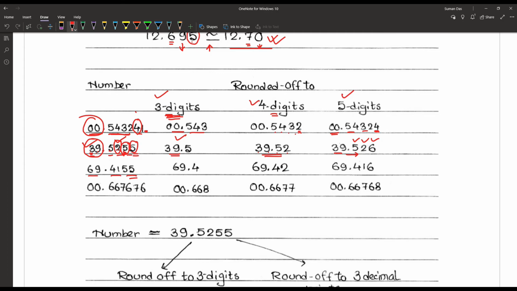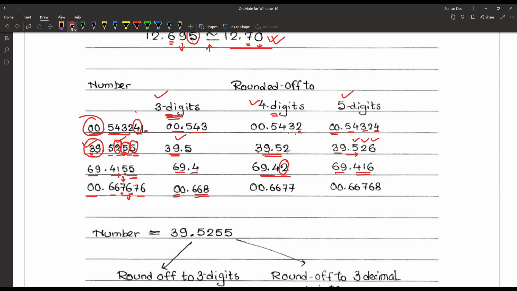In the same way, 69.4155 up to 3 digits is 69.4. Up to 4 digits, once again the next is exactly 5 and the digit before is odd, so we increase 1 with 1, 69.42, and up to the 5th digit, that is 69.416. Same as 00.667676. Up to 3 digits, that is 7. The 4th digit is 6, greater than 5. So we add 1 here, getting 00.668.